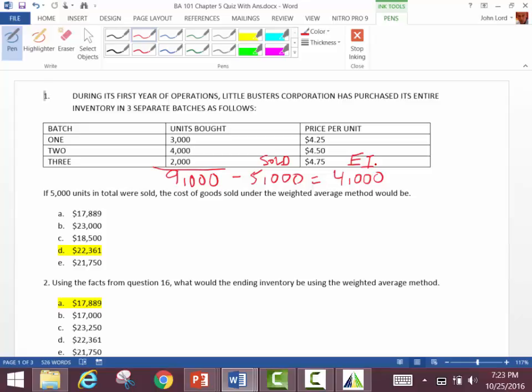You want to help me with weighted average? Okay. 425, good, times 3,000. I'm just going to write it all in here. 3,000 times 425 gives me what? 12,750? Okay, good.